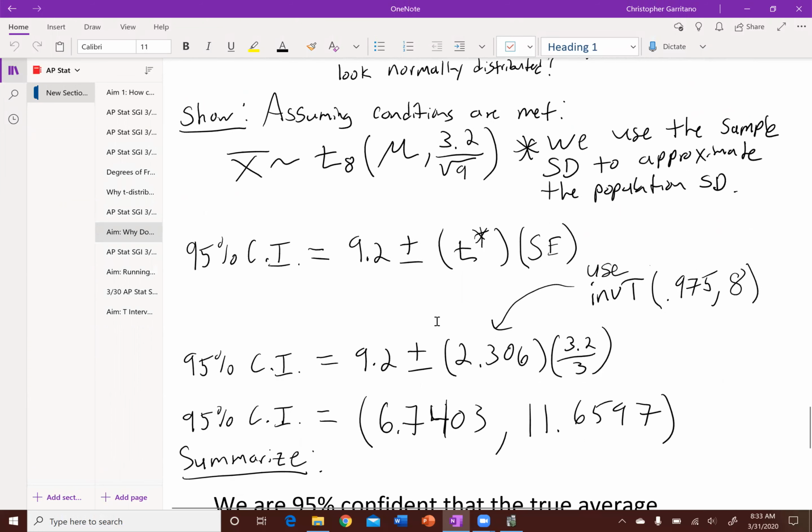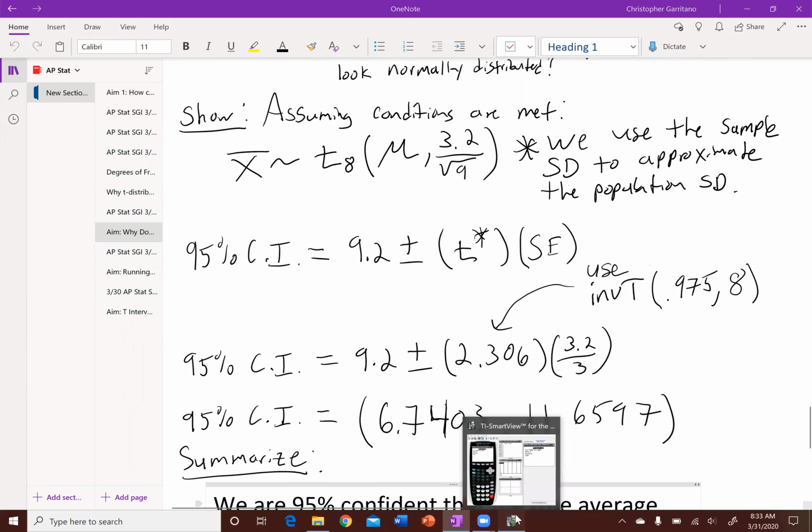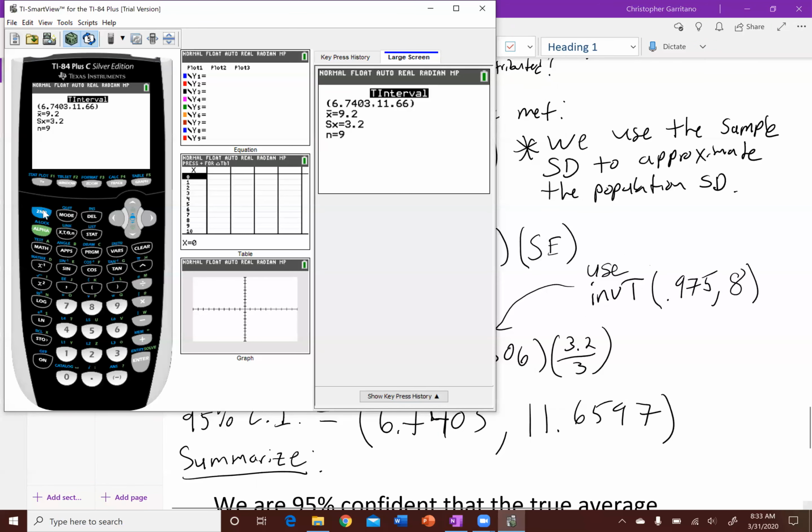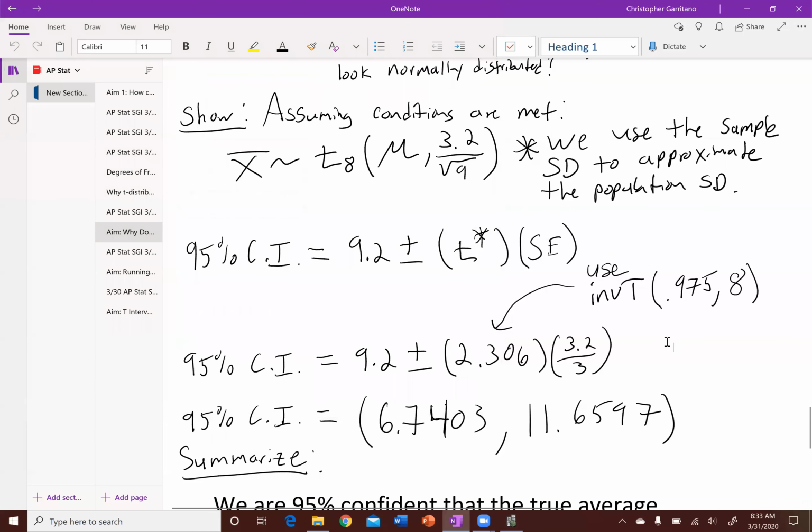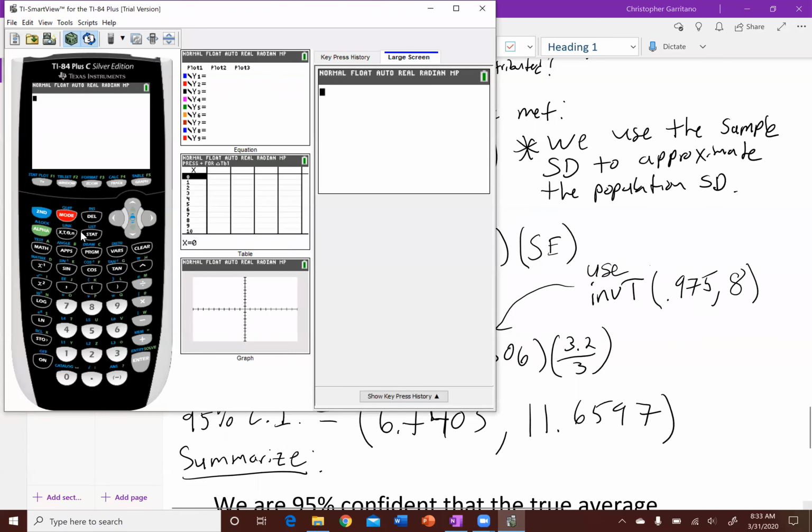Okay, I do want to show you how to find t-star using your calculator. Maybe you weren't able to do that. So I'm going to quit out of this. To get this t star value, I tell you to use inverse t 0.975 comma 8. So where is that? Well, if you do second vars, which will bring you to a screen of distributions, we can find the inverse t distribution.